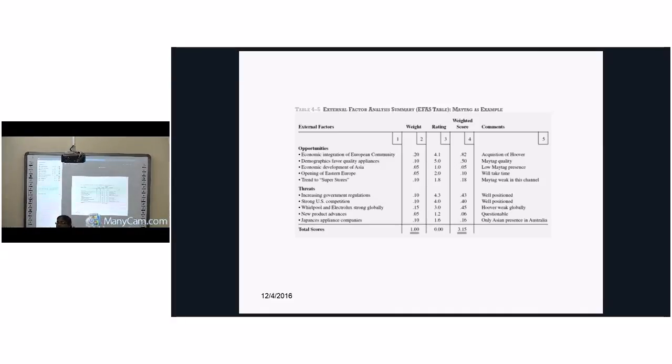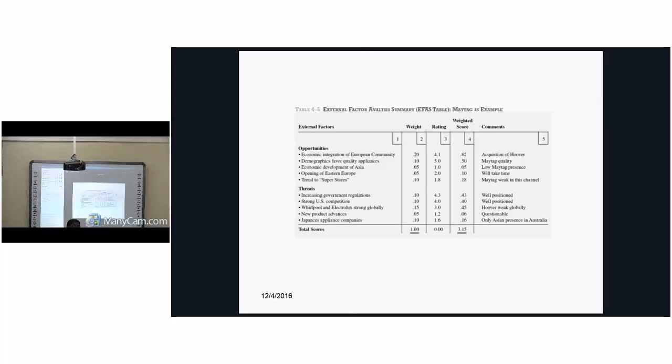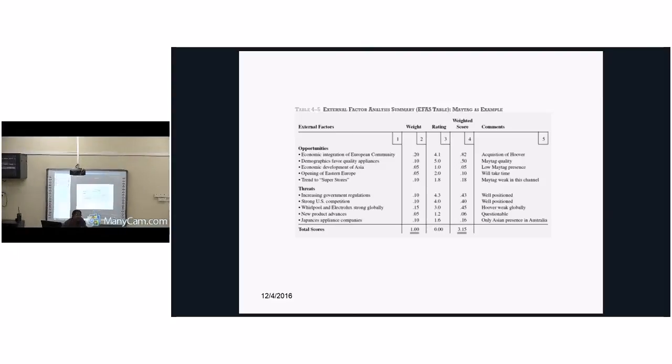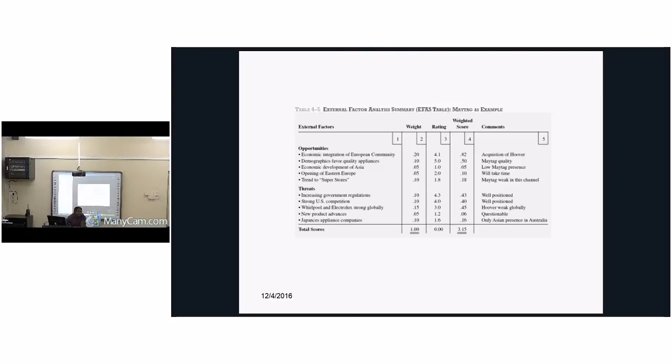You can understand the opportunities and threats in the external environment through this analysis, based on their respective behaviors, whether they are opportunities or threats.